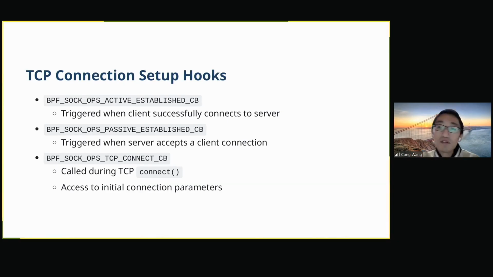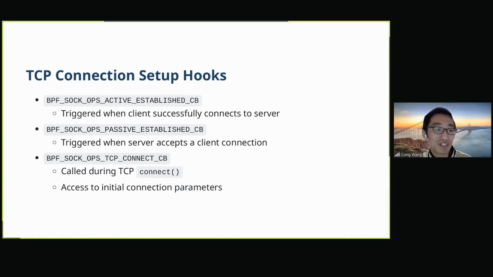Okay, so let's look at the different hooks here. I listed three sets of socket ops. Each of them serves a different purpose, and each of them contains quite a few hooks. The first one is the connection setup. This is very important because if you want to hijack the TCP connection, this is probably the set of hooks you want to consider.